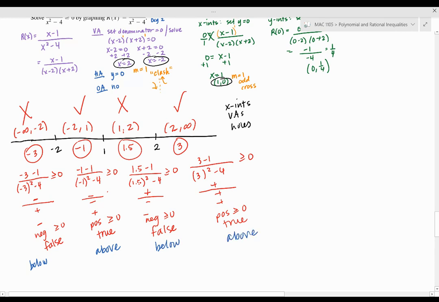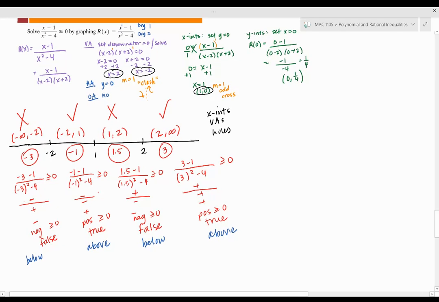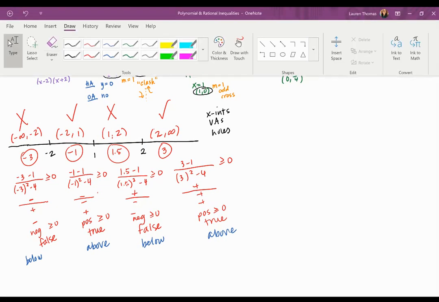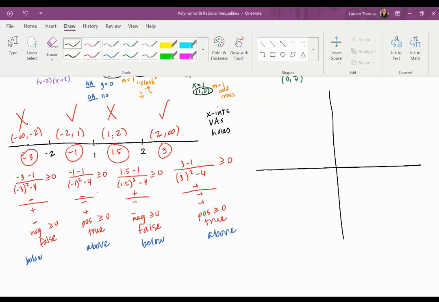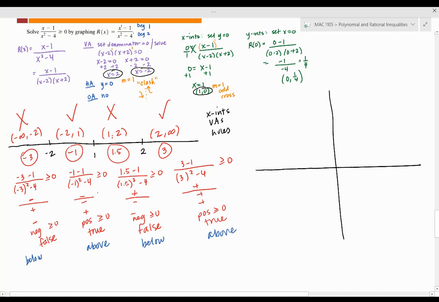Okay, so now I can take all of that information and graph it, because remember, they wanted us to show them the picture. All right, so I'm going to draw my coordinate system, and I'm going to put all the information that I found on it so far. All right, so we had 2 vertical asymptotes. Let me draw those in with a different color.